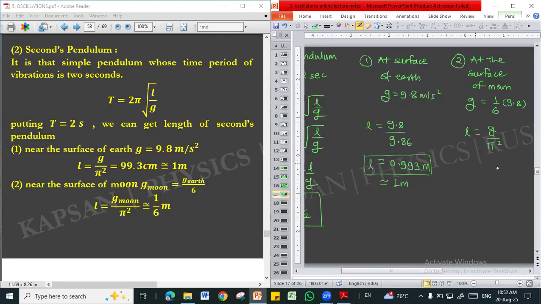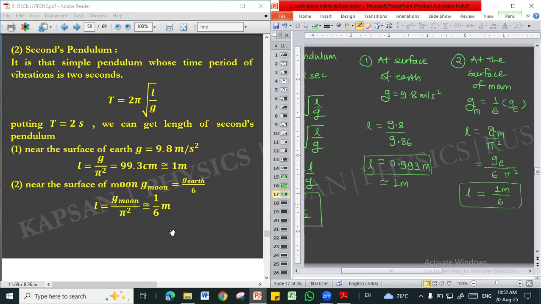But G on moon is 1/6 of G on earth. So G on moon can be written as G on earth upon 6, and this pi square. So this calculation you already know. Answer is 1/6 simply. G by pi square is already 1 meter, divided by 6. So 1/6 meter. So on the surface of the moon, you need this length to be equal to 1/6 meter.